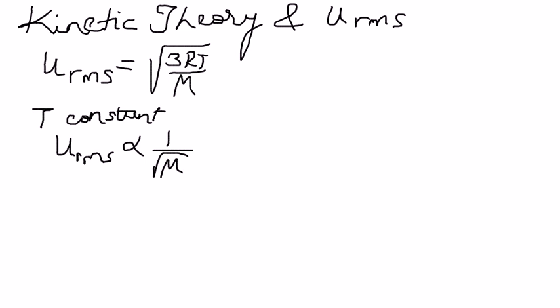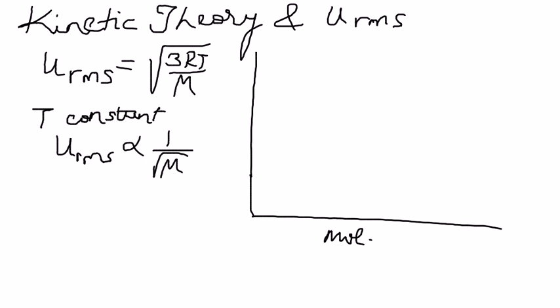Let's take a look at what that means graphically. How can we interpret this over various given samples of gases? So let's say you have two gases. You're plotting the molecular velocity. Since it's a velocity, the units will probably be meters per second.